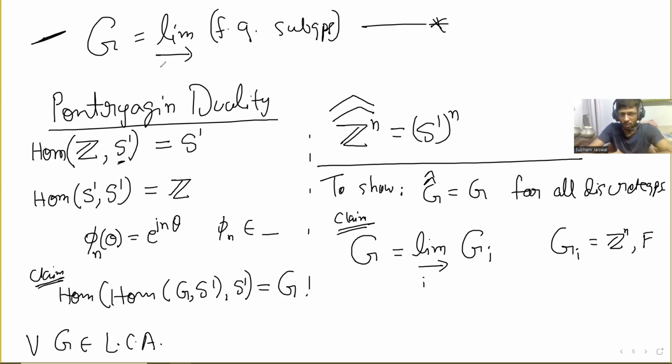Now that you know this, the claim is how to move forward. Now we will use this. How we'll use this is like this. From this, we make a claim about this category.